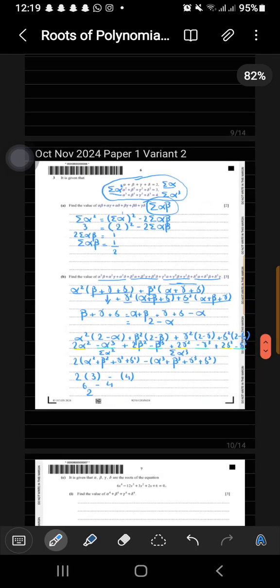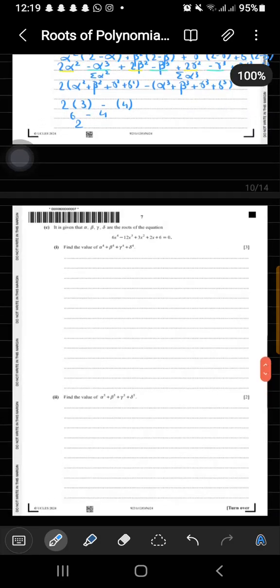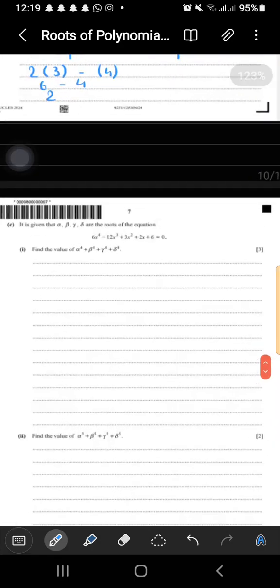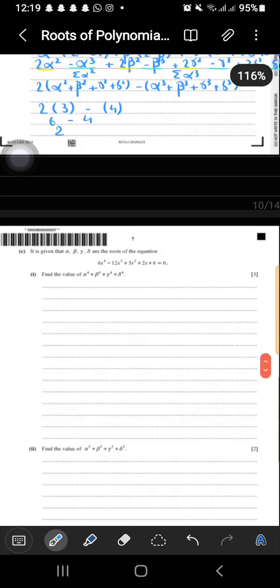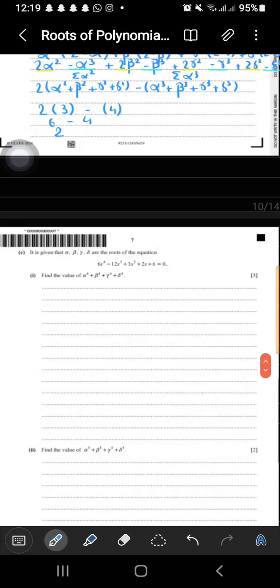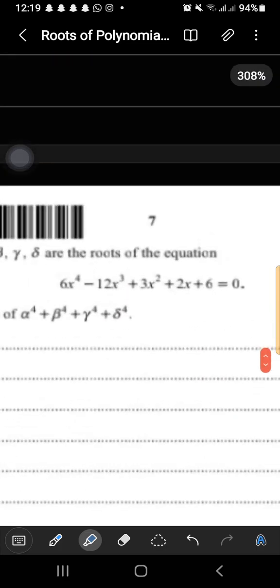Let's have a look here. Now we are moving to the next part. It is given that alpha, beta, gamma, delta are the roots of the equation 6x power 4 minus 12x cube plus 3x square plus 2x plus 6 is equal to 0, and find the value of alpha power 4 plus beta power 4 plus gamma power 4 plus delta power 4.